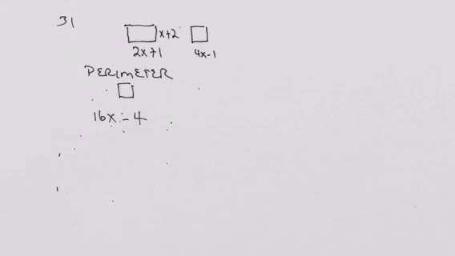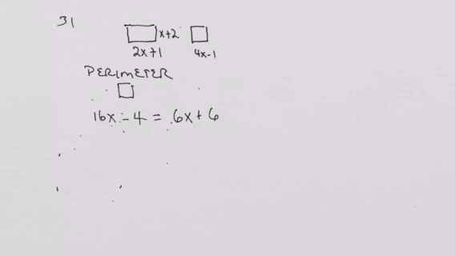The perimeter of the rectangle, I'm going to have to add 2 of those x plus 2's and 2 of those 2x plus 1's. That is going to be 6x. I'm going to have 2 of those plus 1's and 2 of those plus 2's, and that's going to give me 6x plus 6.